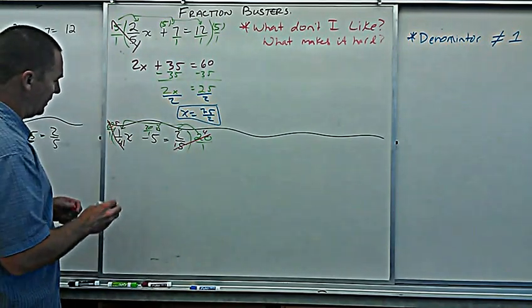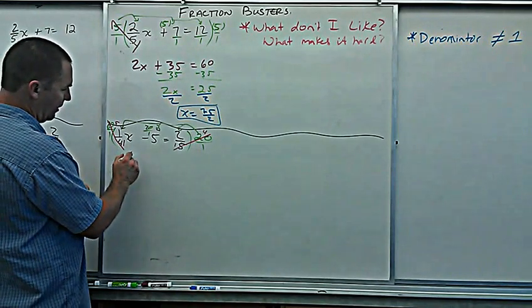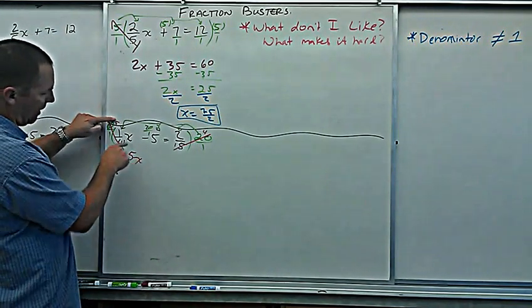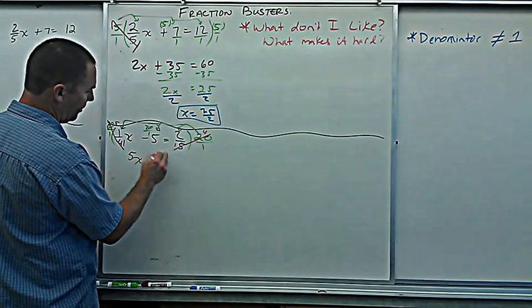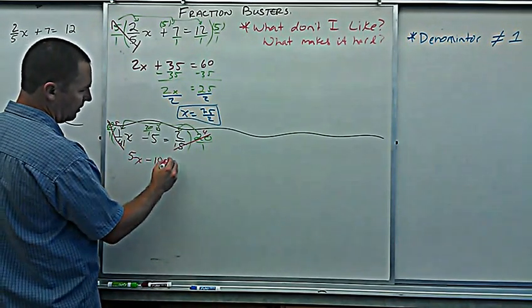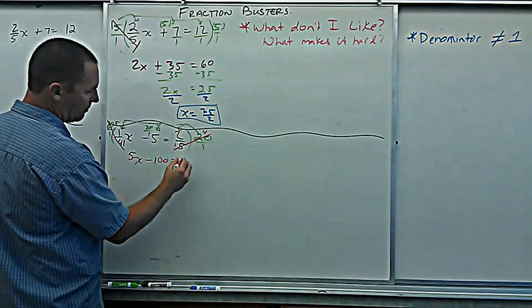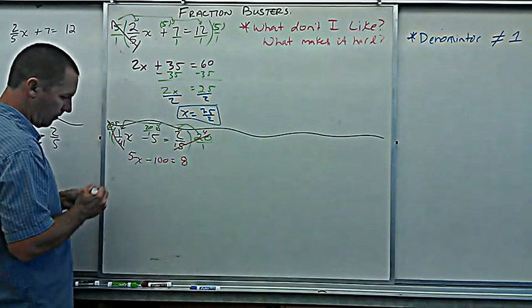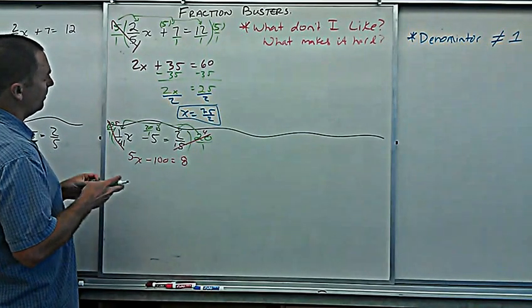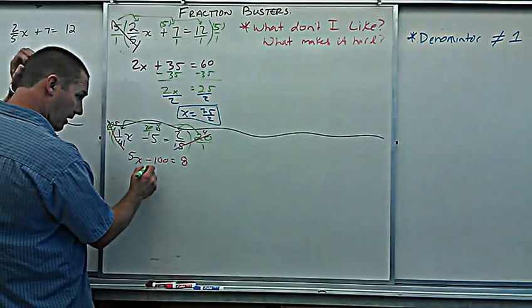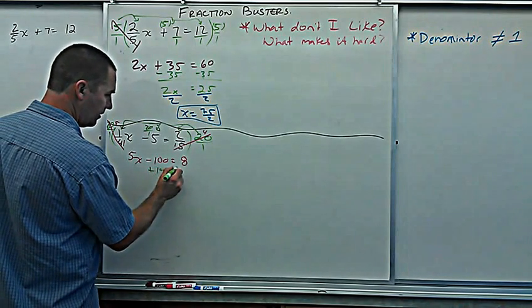You'll notice that that is the opposite coefficient, that makes sense. So then what I end up with is 5x, because 5 times x equals 5x, minus 100, 20 times 5 is 100, equals 2 times 4, which is 8. And then add 100 to both sides.